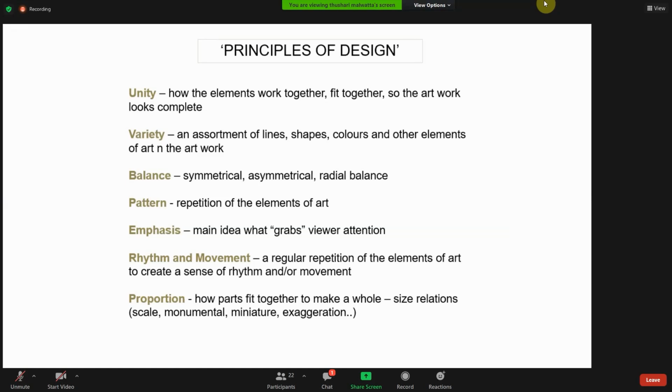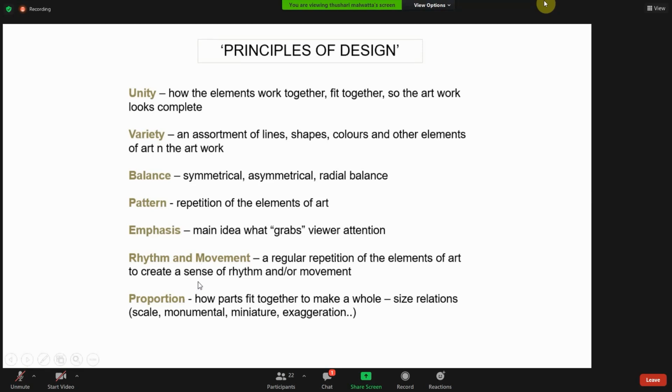Unity is how the elements work together, fit together, so the artwork looks complete. Variety is an assortment of lines, shapes, colors, and other elements in an artwork. Sorry for a typo here. So the balance, we have symmetrical, asymmetrical, and radial balance, pattern, emphasis, rhythm and movement, proportions.